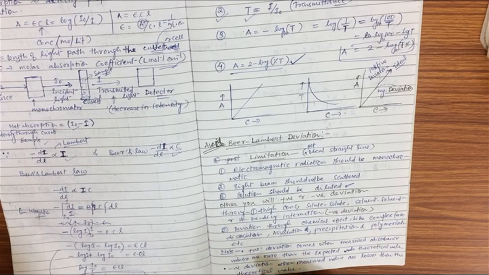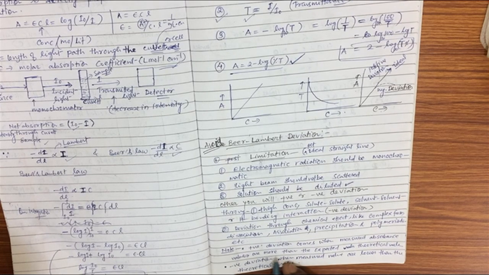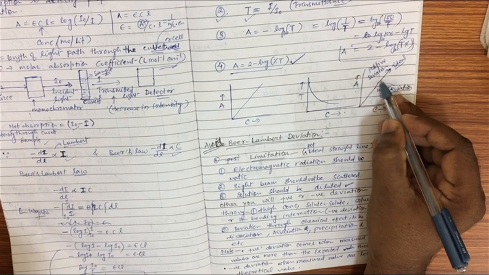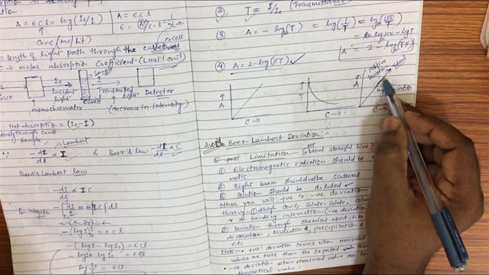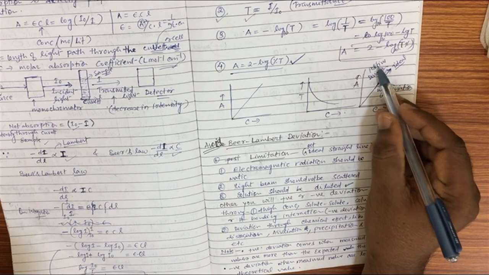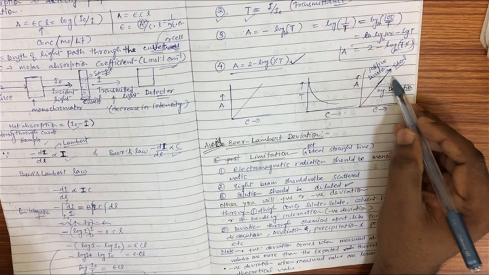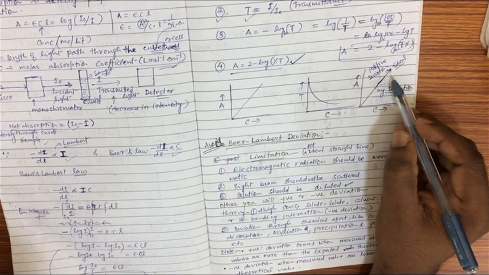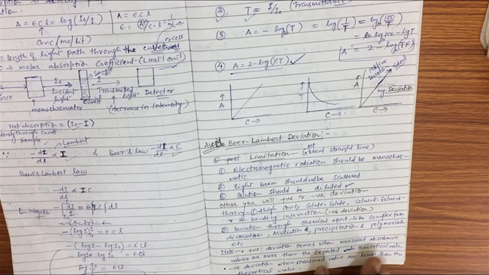As I told, negative deviation comes when the measured absorption values are lower than the expected value. So this is the ideal value. If the measured value is higher than the expected value, then you will get positive deviation. If the measured absorption value is lower than this ideal value, you will get negative deviation. Okay.